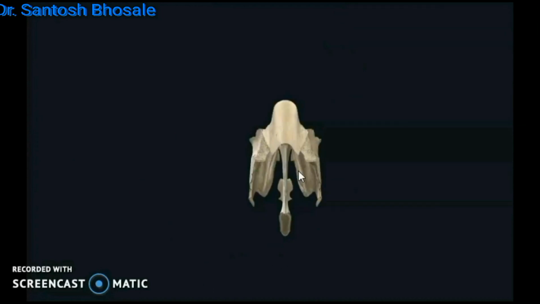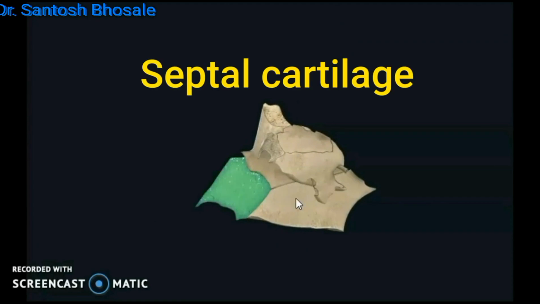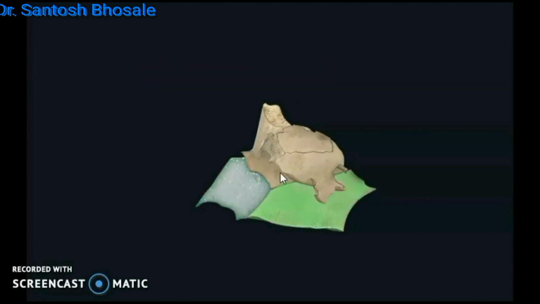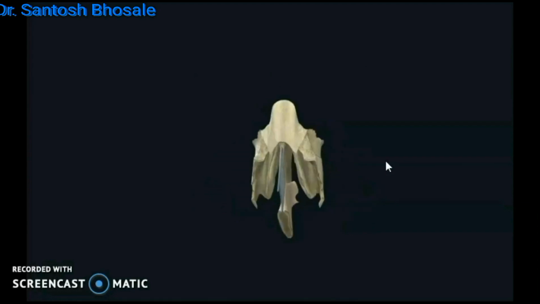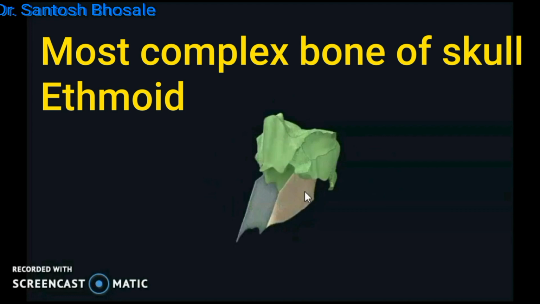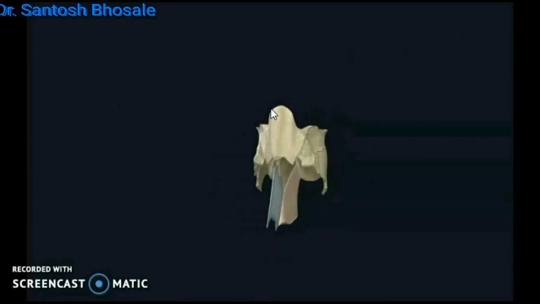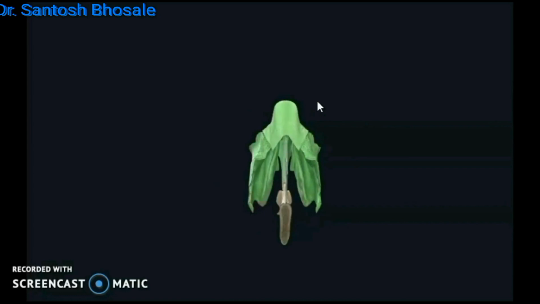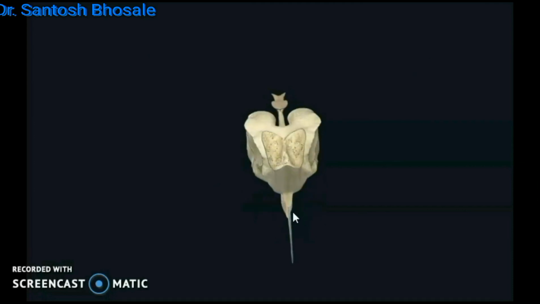You can see in this animation the ethmoid bone with the perpendicular part of ethmoid in the middle, the lateral mass, the septal cartilage, the quadrilateral vomer bone, and the perpendicular plate here. If you see the ethmoid bone, the most complex bone of the skull, having the cribriform plate there, the lateral mass or labyrinth of the ethmoid containing the ethmoidal sinuses, and it gives rise to superior and middle nasal concha.